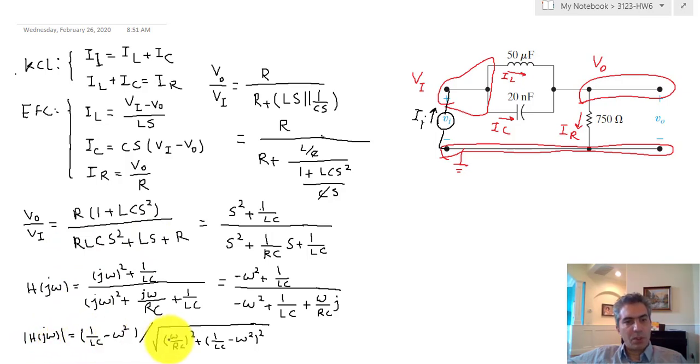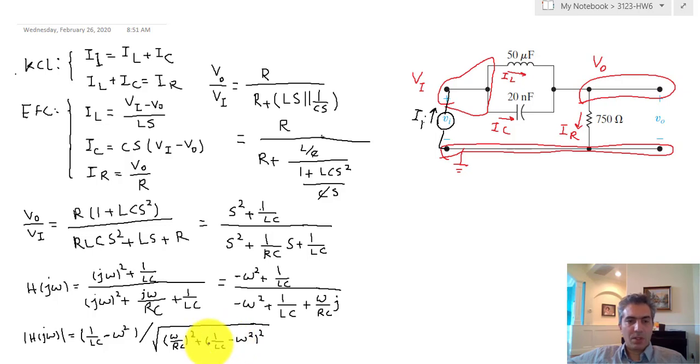Now if you put ω equal to infinity, the order of this parenthesis here is much larger: the order of this is 4, whereas the order of this one is 2. So you can ignore this term against that, and at that point H(jω), when ω is approaching infinity, becomes 1 over LC minus ω² over 1 over LC minus ω², ignoring that term against this term.